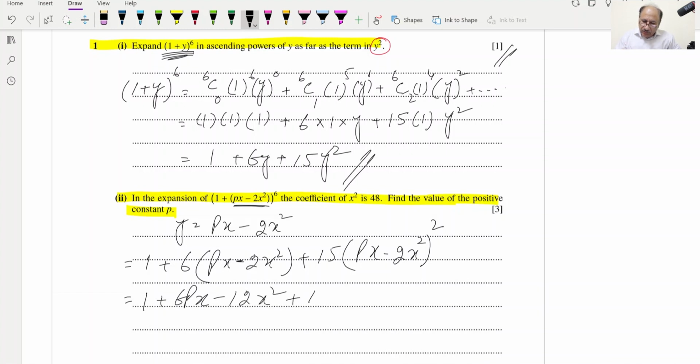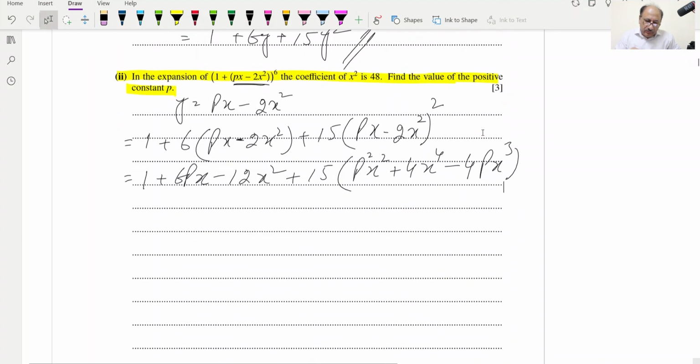Further we can open the square: a squared gives p squared x squared, plus b squared means 4x to the power 4, minus 2ab, so minus 4px cubed.